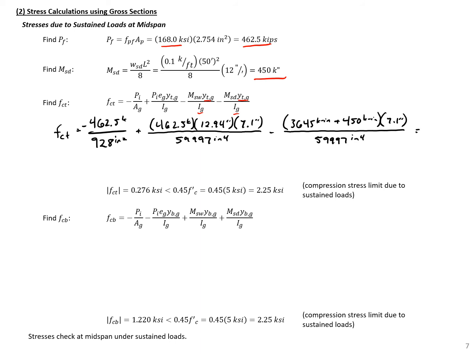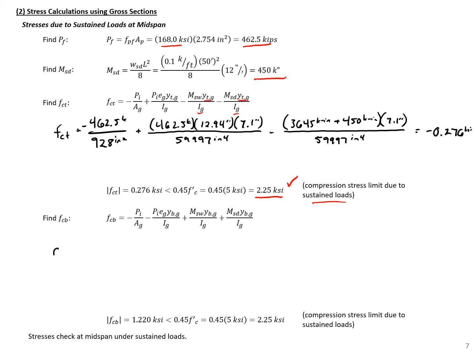And we'll get a stress here equal to negative 0.276 KSI. So we can compare that to our limit, our compression limit due to all of our sustained loads, and we can see that we're less than the limit, so we check here.